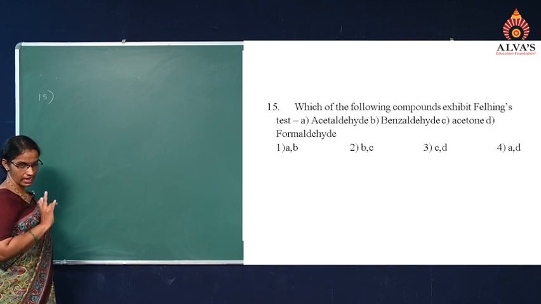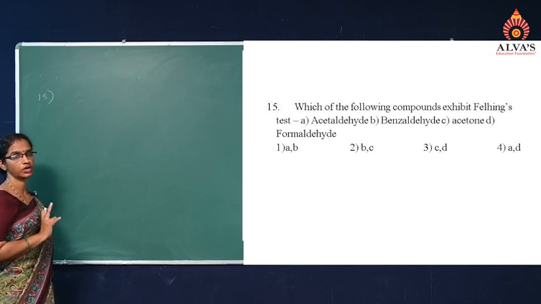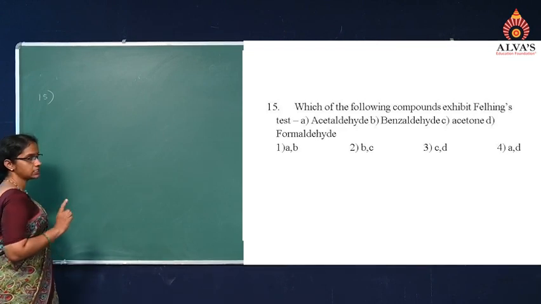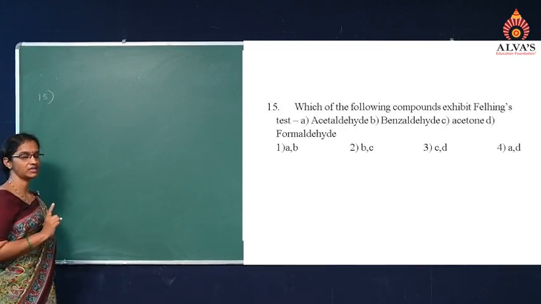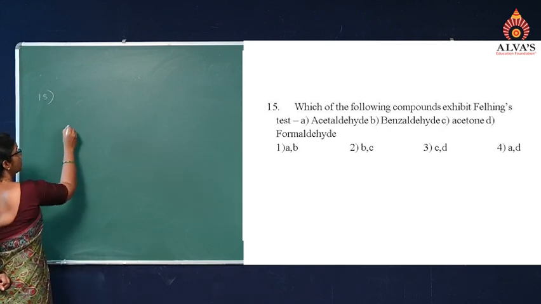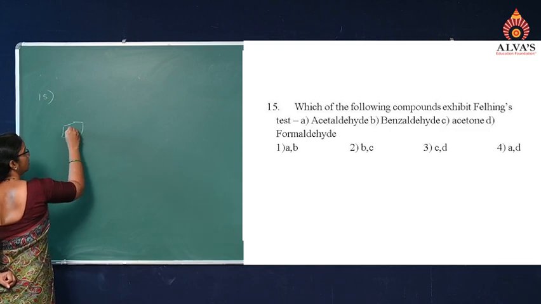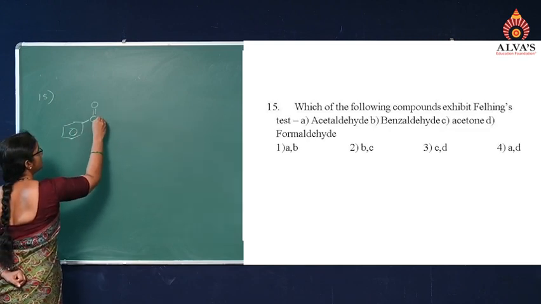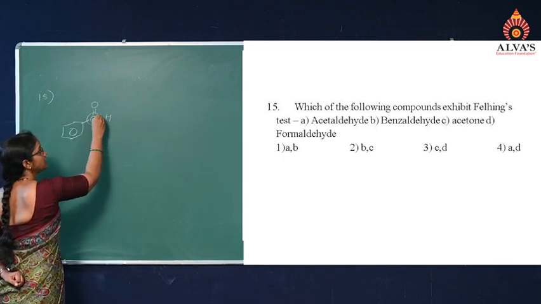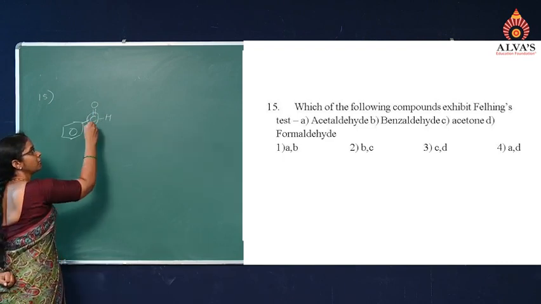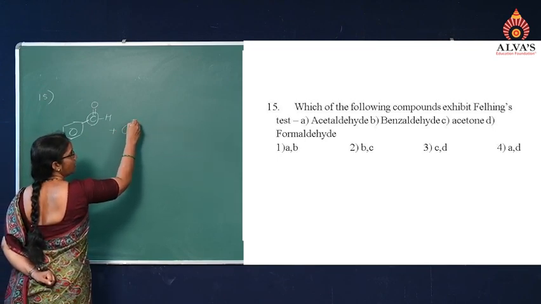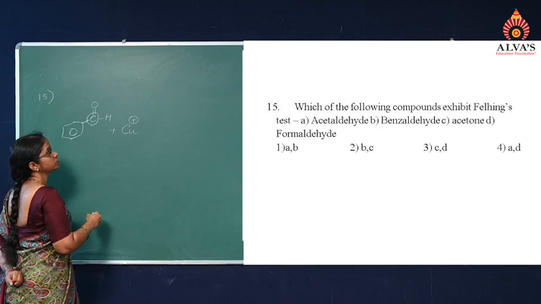Always remember that aromatic aldehydes do not react with Fehling solution because the C double bond O is directly attached to the benzene ring. As a result, the C double bond O carbon is stabilized due to the resonance of the benzene ring, so this carbon is less reactive. It cannot be oxidized by mild oxidizing agents like Fehling solution which has presence of copper.